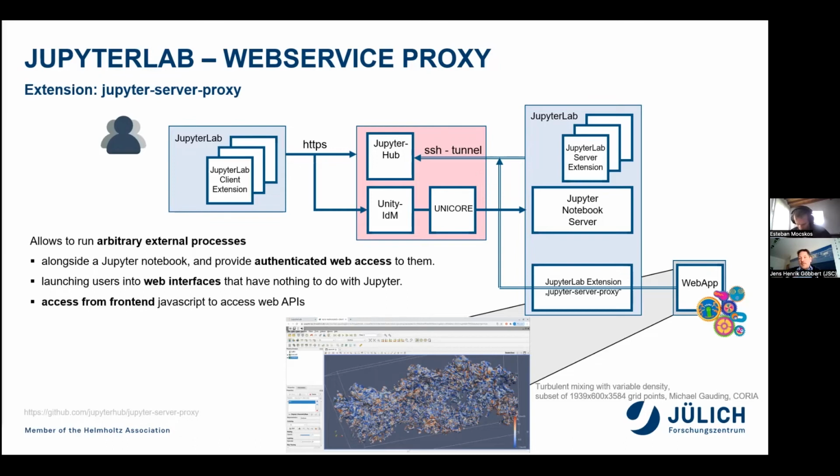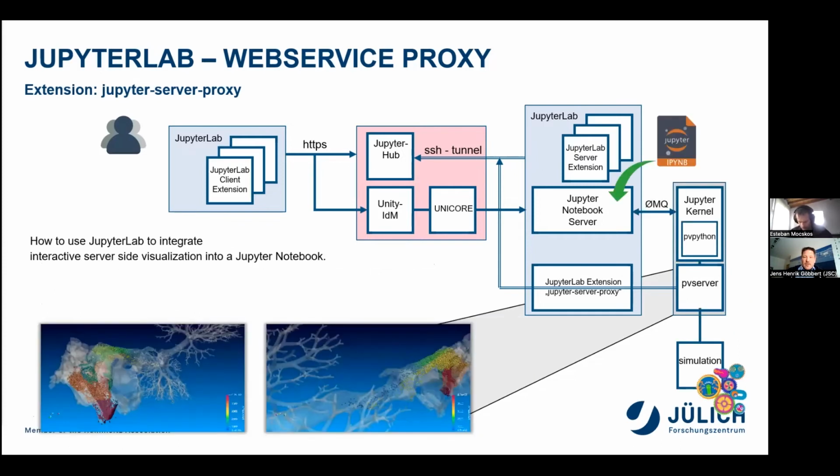For example, if you have simulations running on an HPC system, and a dashboard running side by side with the simulation, even on the compute nodes, and you want to look at this dashboard or at this web tool which provides, say, a JSON file, then you can easily get access to these applications through JupyterLab and through this extension, Jupyter Server Proxy.